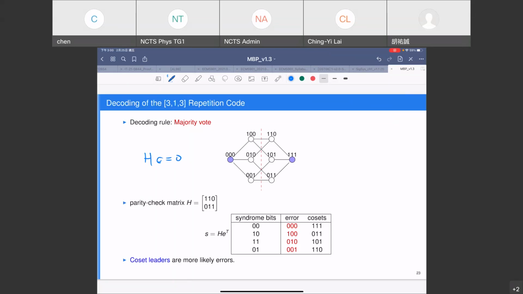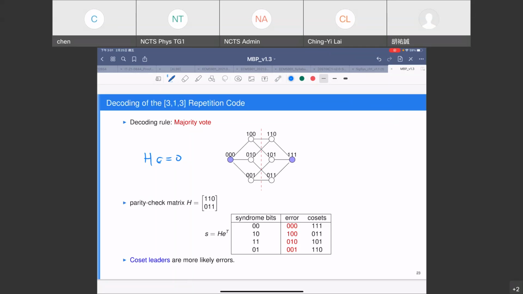So when you see some error, using this parity check matrix, you will have some syndrome bits, and you make a list of errors corresponding to this syndrome, and you pick the most likely error. You will say, oh, this is the error. This is called lookup table decoding.